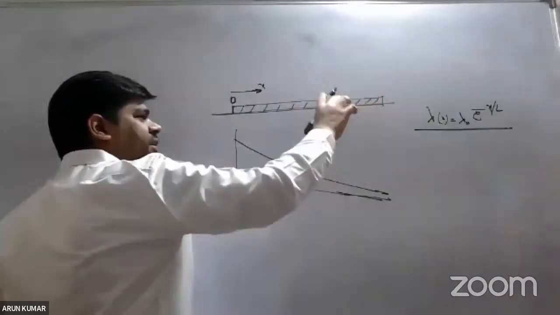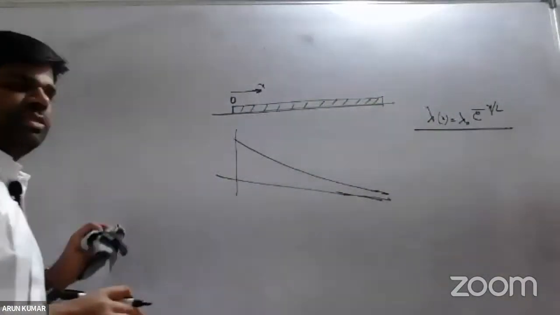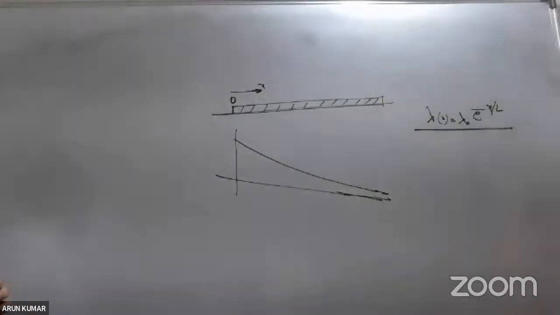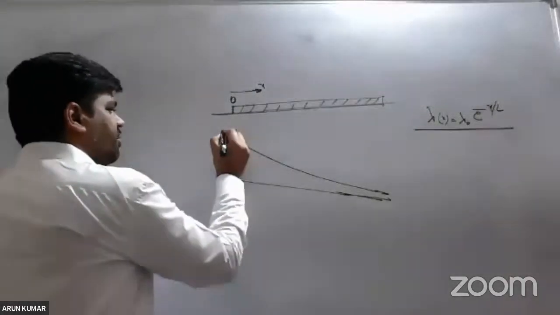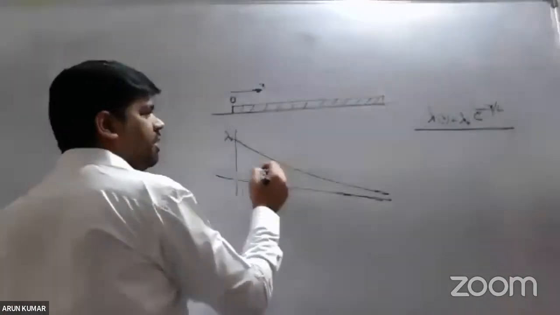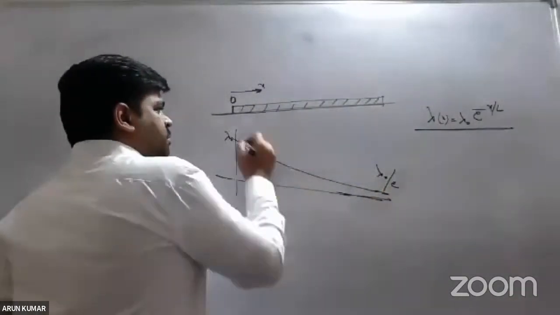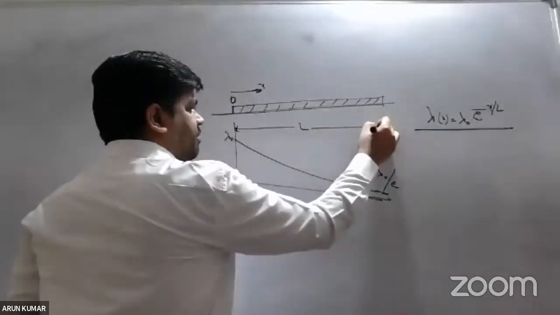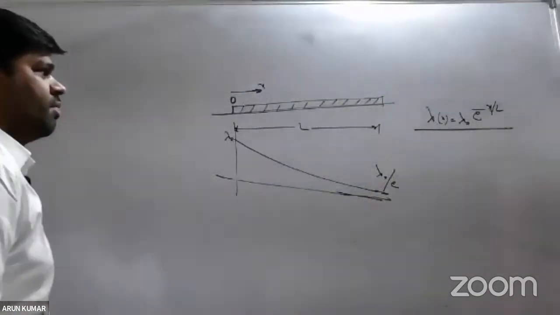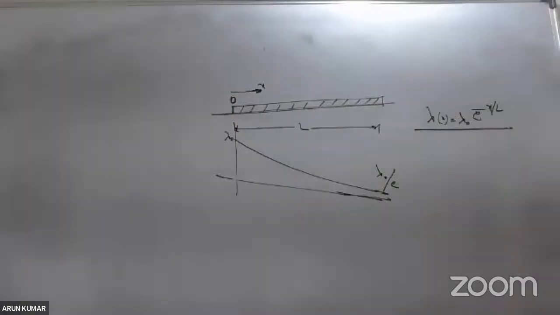Not literally thinner, all right? The rope may be of the same thickness, but density is decreasing. So density over here is lambda naught, and where x is equal to L, density is lambda naught by e. All right, that's how the density is varied.